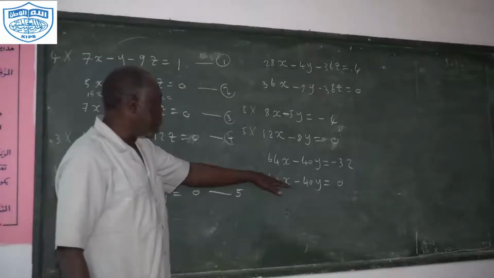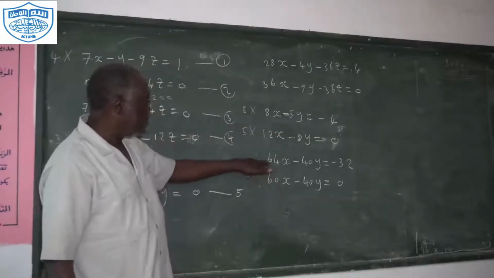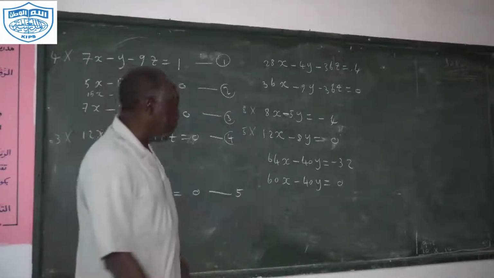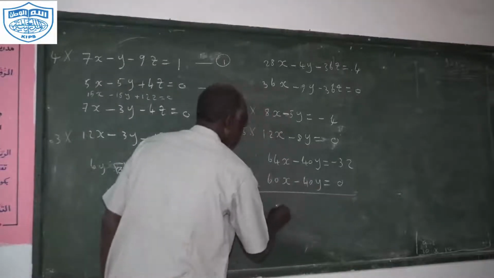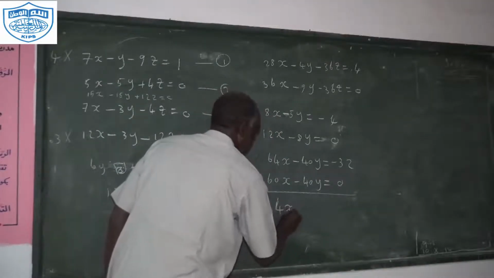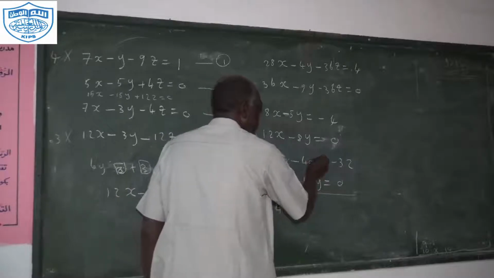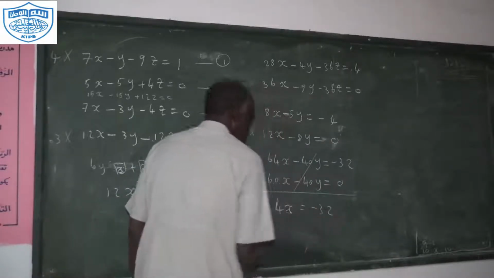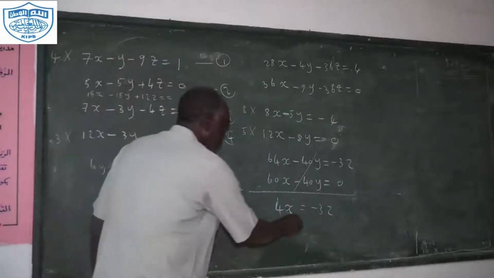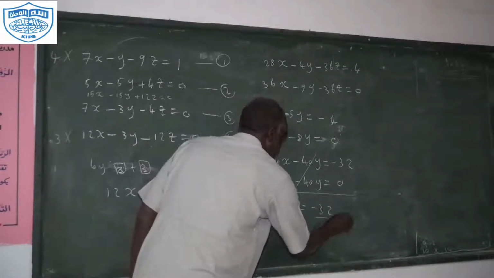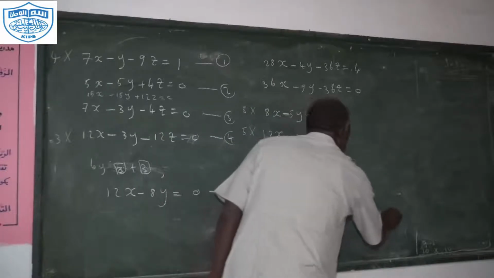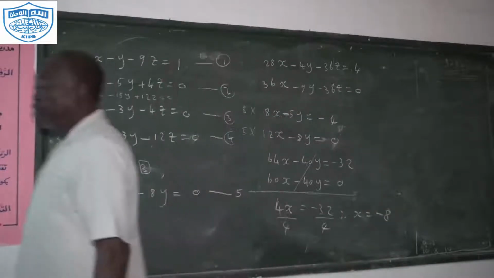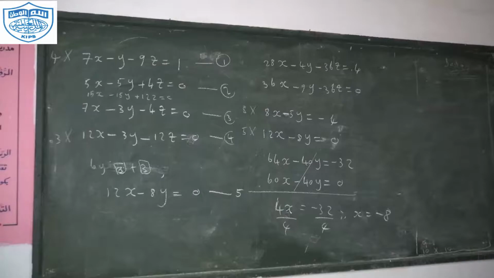By subtraction, this minus this one. 64x minus 60x equals 4x. Negative 40y plus 40y vanish, equal negative 32. By dividing both sides by 4, therefore x equals negative 8. So you find that here, x equals negative 8.